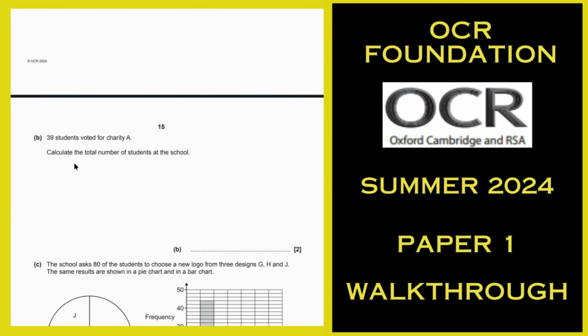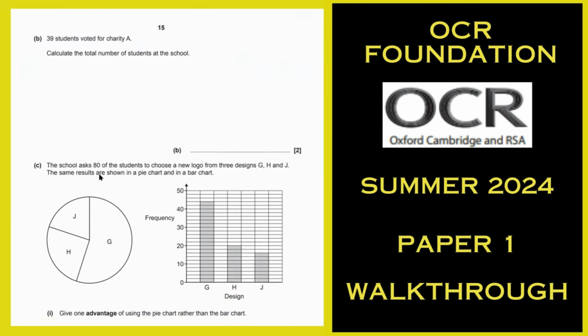But then, 39 students voted for charity A. Stop right there. That means 52 degrees is worth 39 students. Total number of students would be worth 360.